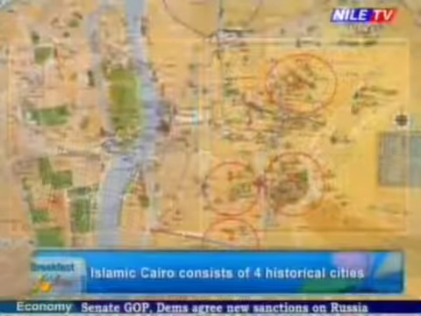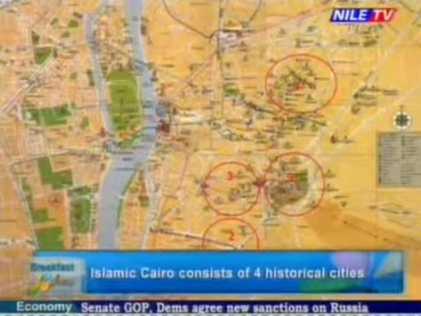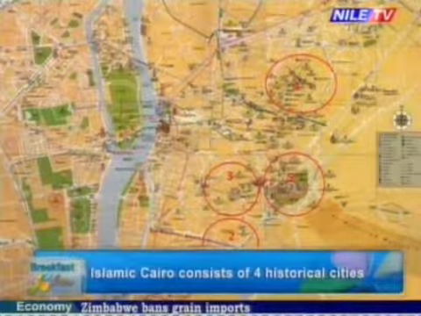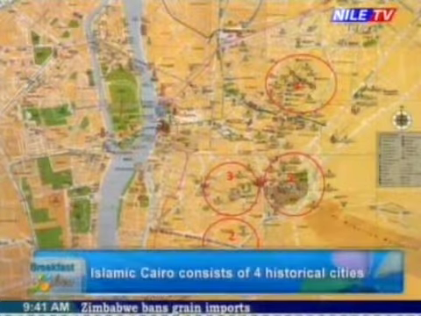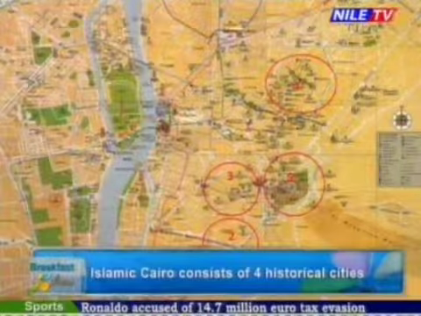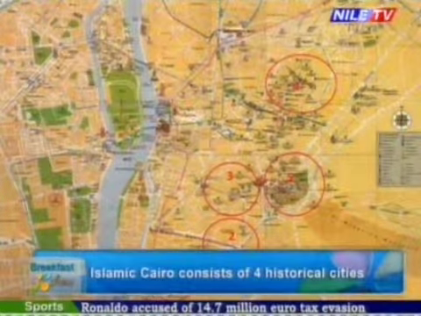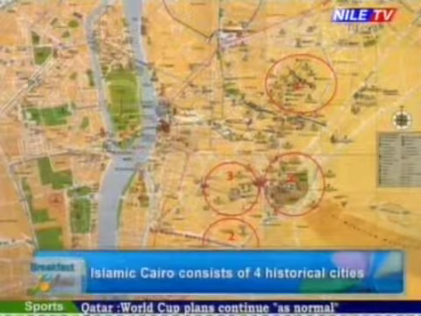And these circles show how the city evolved from Fustat, the first capital built in this part of the city, into Al-Askar, built by the Abbasids, into Al-Qata'a, built by Ibn Tulun, into Al-Qahira, which later became corrupted into Cairo, and that became the source of the name Cairo. That was built by the Fatimids, and then later on the citadel was built by Salah ad-Din in the 12th century, putting all of these cities together, putting a wall all around them and giving the name Cairo to the 4 cities.